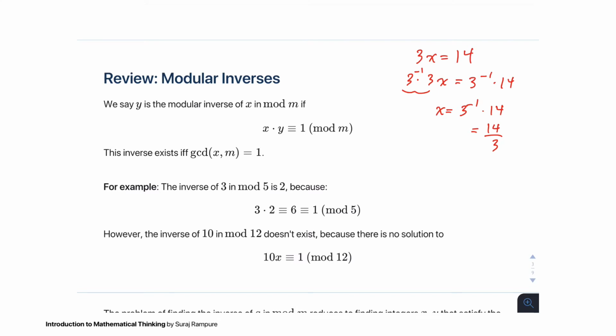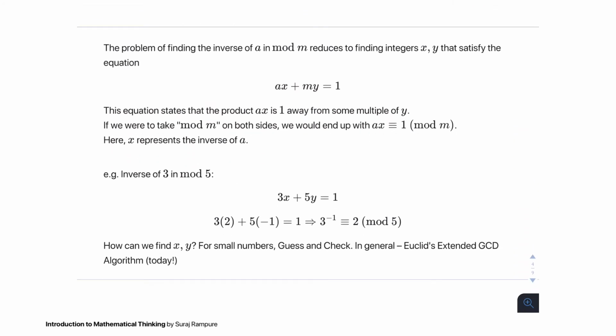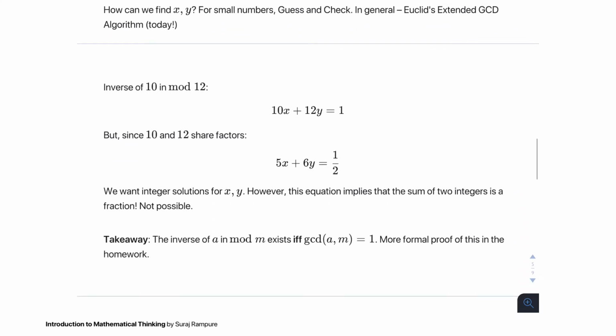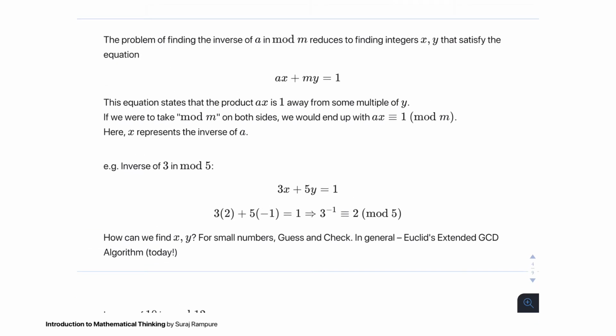However, as we looked at last week, the inverse of 10 in modulo 12 does not exist, because there's no solution to 10x is equivalent to 1 in modulo 12. And as we saw last week, we can rewrite the problem of finding the inverse of a in modulo m as finding integer solutions to the equation ax plus my is equal to 1.